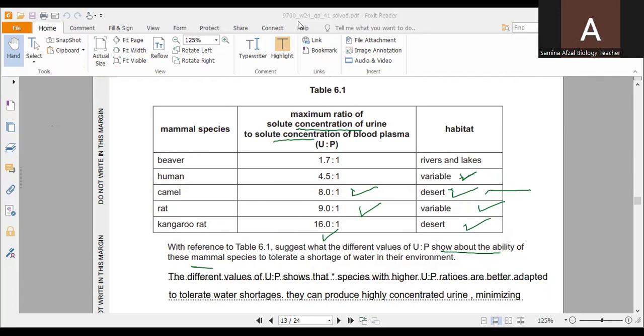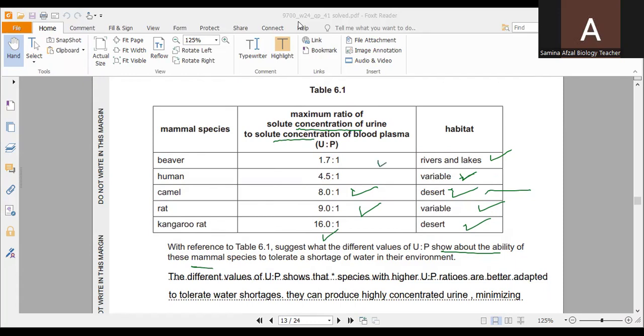And then after human, the least is the beaver. They live in rivers and lakes. It means they have the lowest UP value because they produce the least concentrated urine. They are living in a place where they have water bodies around themselves, in rivers and lakes, so they don't need to conserve water as much.